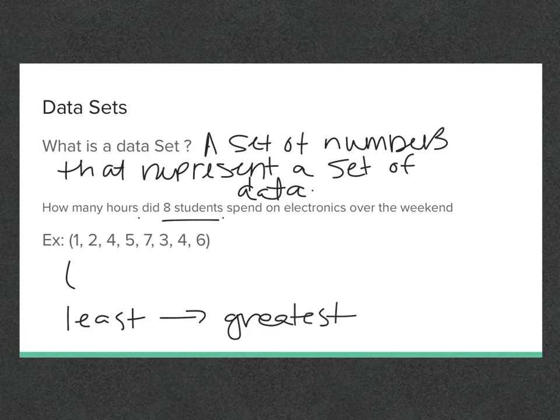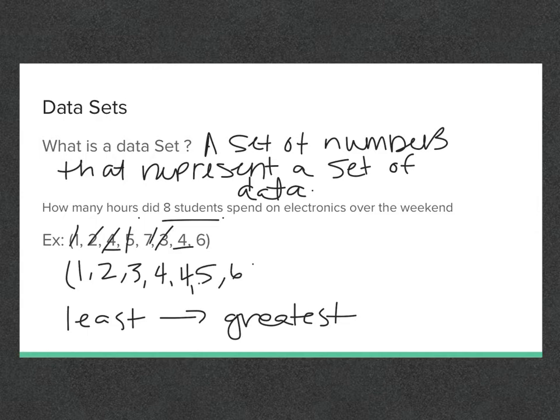Okay, so we're going to just look at our data set, and I have a 1, cross that off, 2, cross that off, I have a 3, cross that off, 2 4s, so I have a 4 here and a 4 here. Make sure that you write down both of those 4s, a 5, and then a 6, and a 7. So this would be the correct way to represent our data from least to greatest.